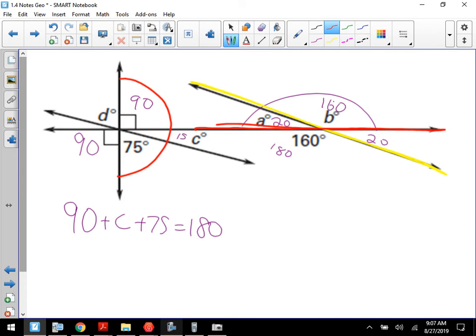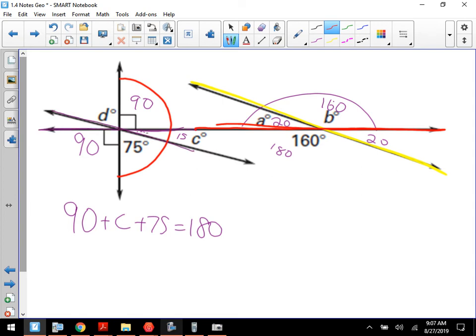Yeah, another quick, easy way to do it is if it's 90 degrees here, it has to be 90 degrees here. And that's fine. Isn't it the same thing as saying, oh, that's 90, bring this over, something plus 75 is 90. See, there's many ways of doing these things, and if you see it one way versus another, there's nothing wrong with that. Absolutely nothing wrong. So you get 15 degrees for that angle C. Well, if this is angle C here, doesn't this line cross this line here?